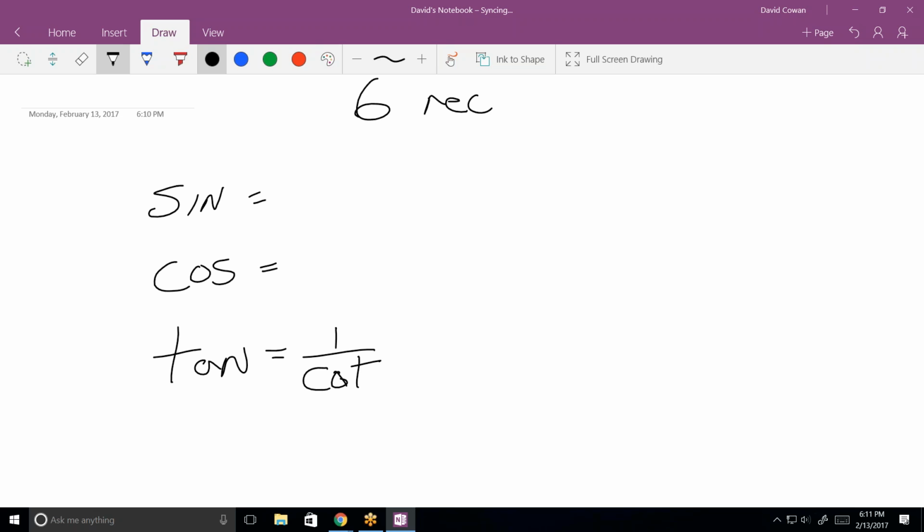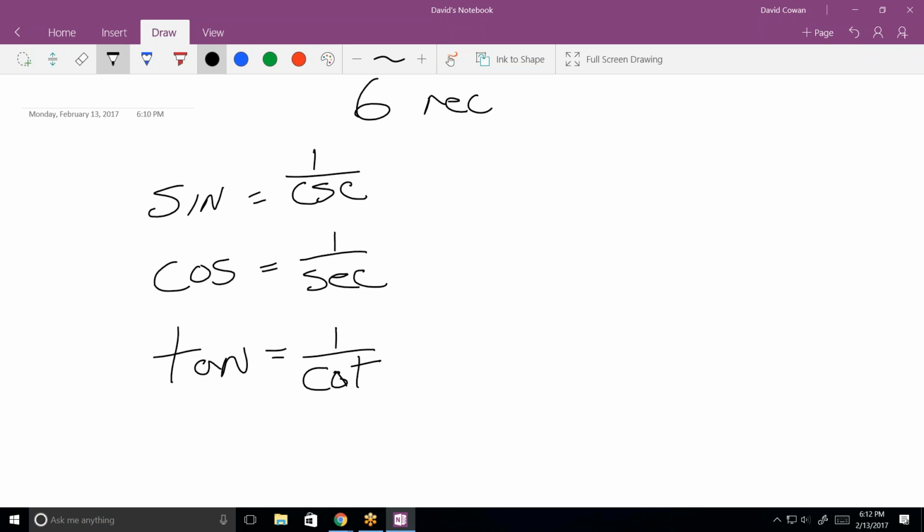Secant goes with cosine. The first letters have to be different: C and S up here, and cosecant is also C and S. If you were to put secant with sine, you'd have S and S. So you have to memorize these three.